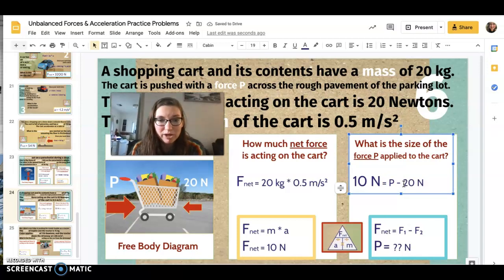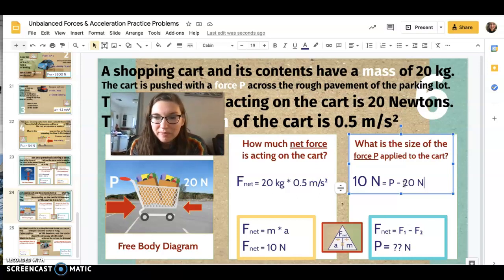So we can do this algebraically. You could rearrange it all fancy style, meaning you could do plus 20 on both sides, right? Or you can just look at it and do it in your head.